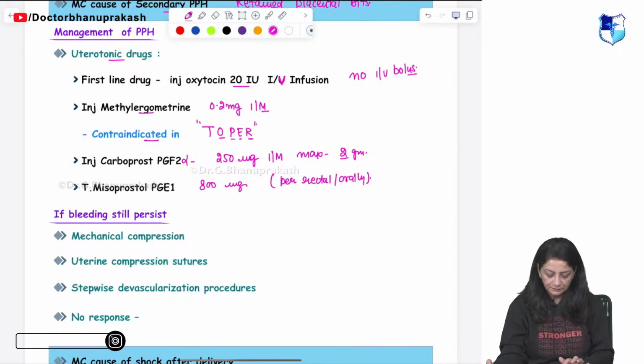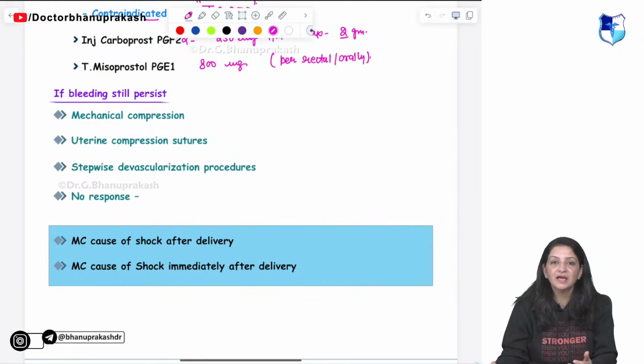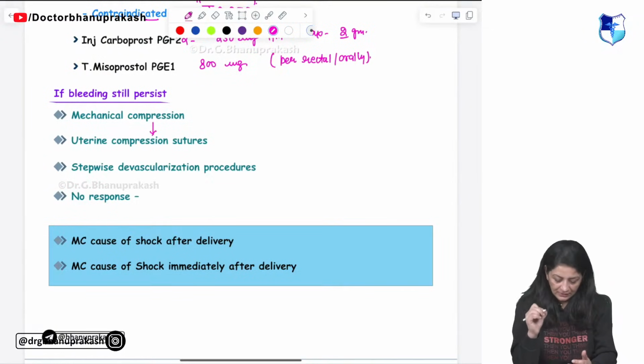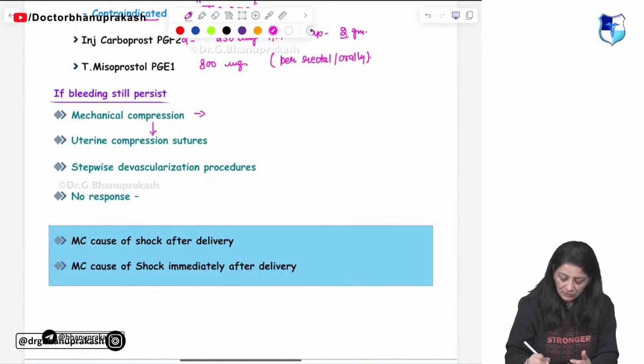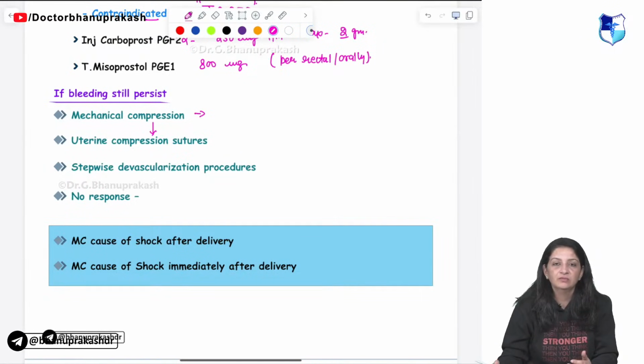Okay. Now, if bleeding persists, then mechanical compression. If there is still bleeding, then uterine compression sutures. Mechanical compression means we can use a Bakri balloon or a Foley's catheter, balloon tamponade.